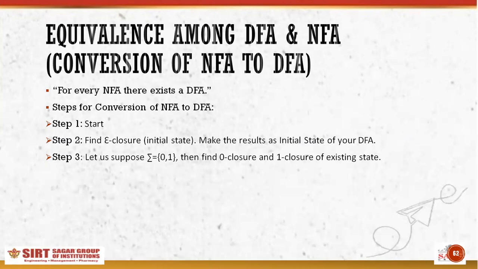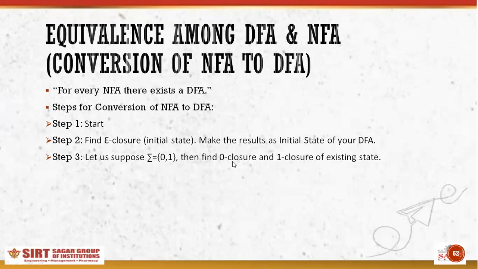It will differ from problem to problem and situation to situation. If you have small a and small b as input alphabets, then you have to find their closures. But if you have 0 and 1 as your input alphabets, as I've written here for your understanding, you have to find the 0 closure and 1 closure for the existing state, whatever state you have just found.